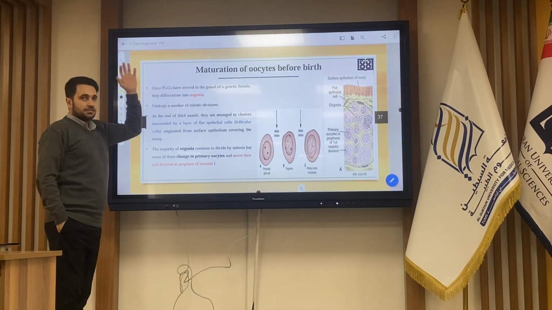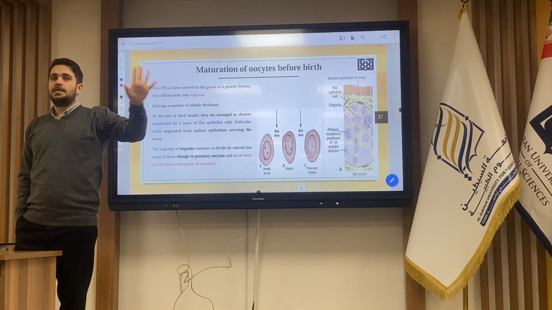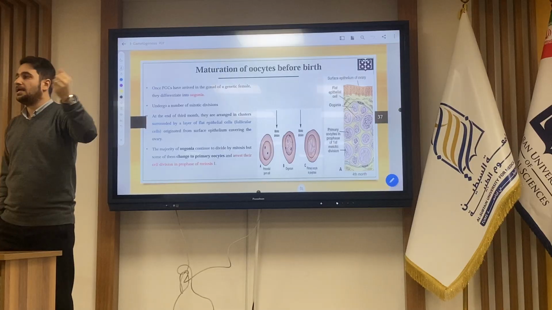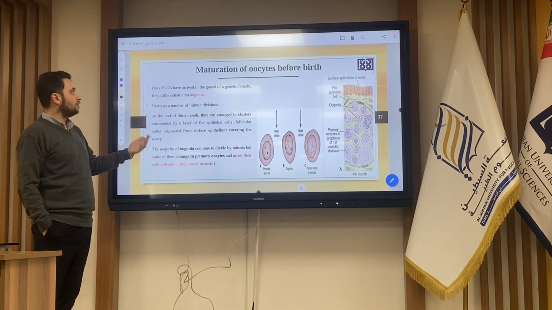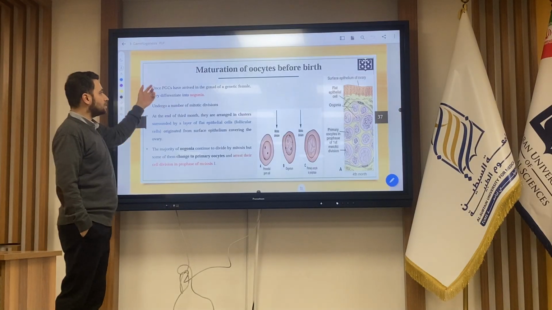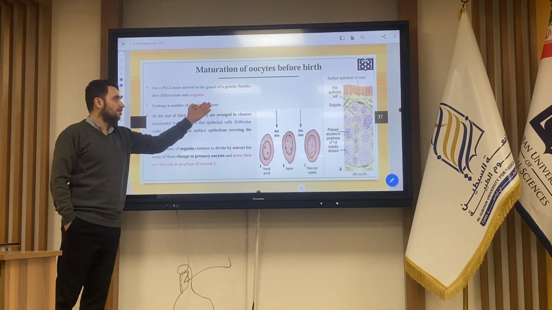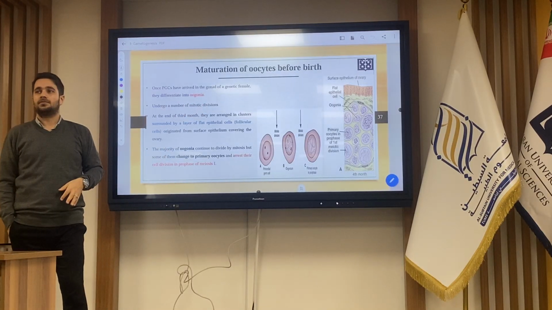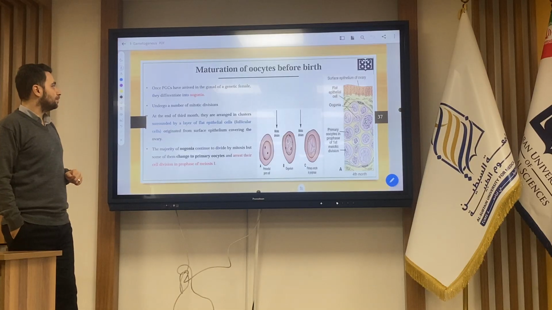Imagine that you know about the primordial germ cell, okay? It's made, and they come to the gonads of the embryo which is forming. And it wants to differentiate into oogonia by means of several divisions, mitotic and also meiotic divisions.